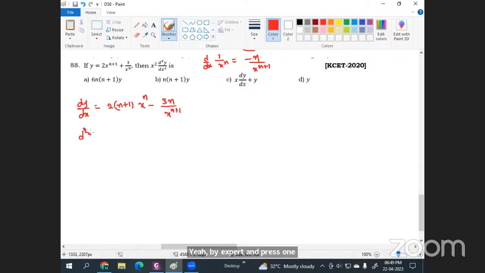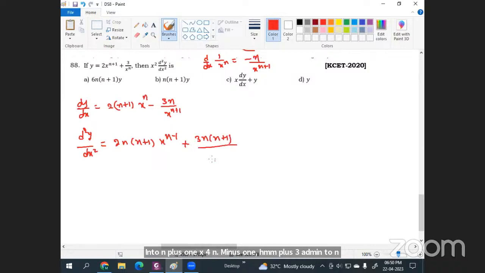Now once again you differentiate. d square y by dx square equals 2n into (n plus 1) x power (n minus 1) plus 3n into (n plus 1) by x power n plus 2.